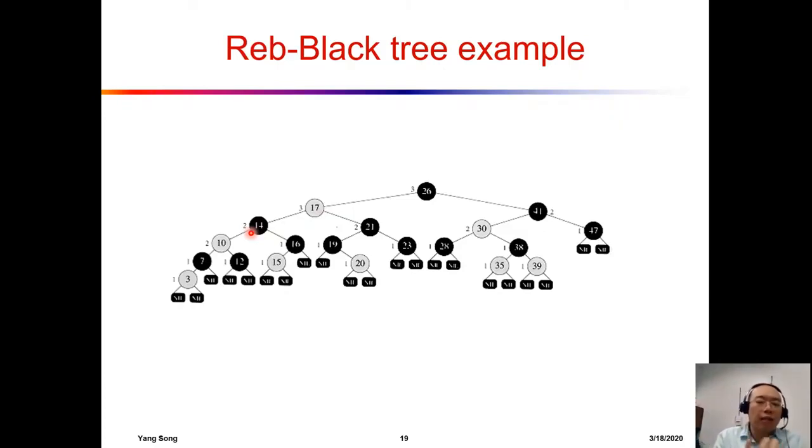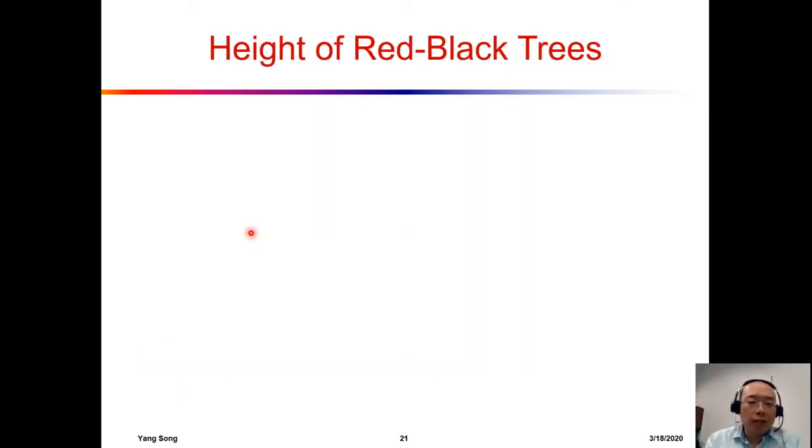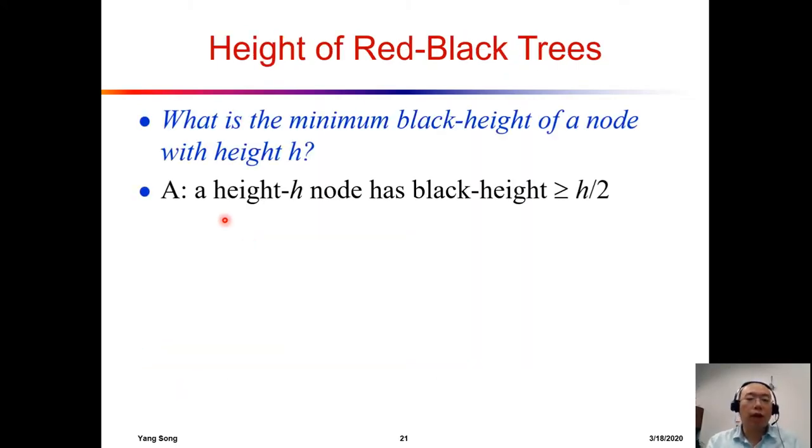This will guarantee that if we have a path from any node down to a leaf, at most half of the nodes we visit down the path can be red, and all the remaining of them are black. In other words, at least half of the nodes we visit from a node down to a leaf are black, right? So this means a height h node has black height greater or equal to the height divided by 2. This is the part we are going to use in the later proof.